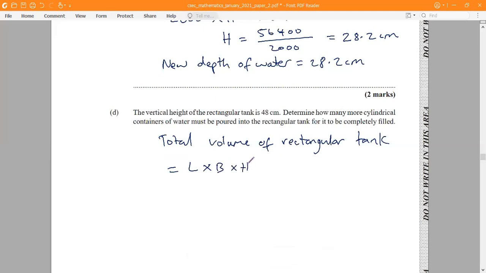We have the total height 48 centimeters. So it will be 50 times 40 times 48, which is 96,000 cm cube.